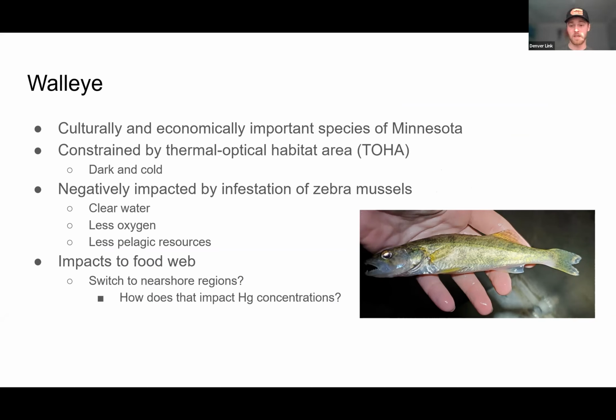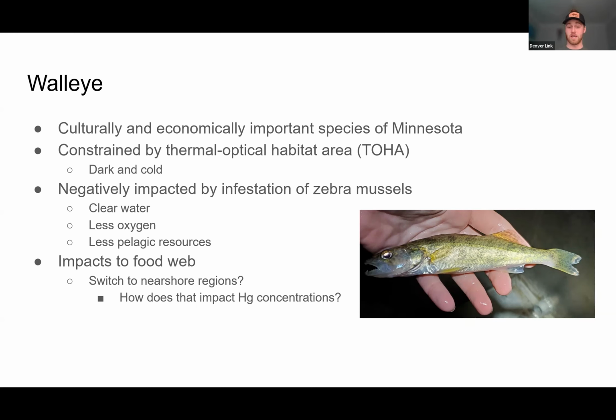Simply put, they like it cold and dark. So you can really tell how zebra mussels can negatively impact walleye, as zebra mussels filter feed and clear the water. And again, with climate change, walleye are going to be negatively impacted by the changes in that ecosystem.